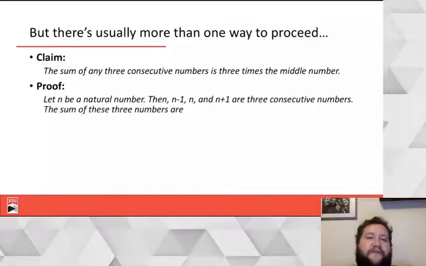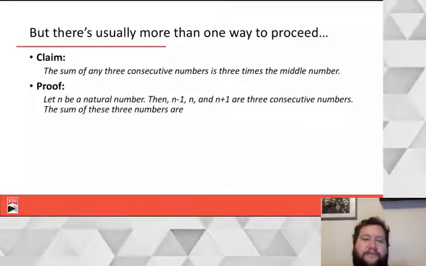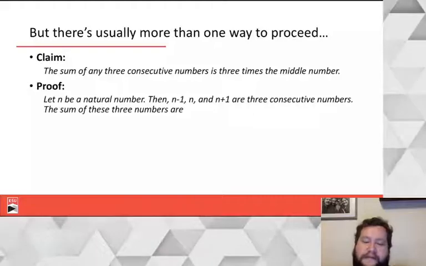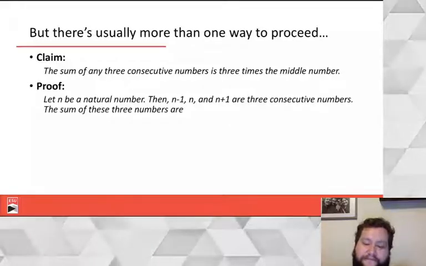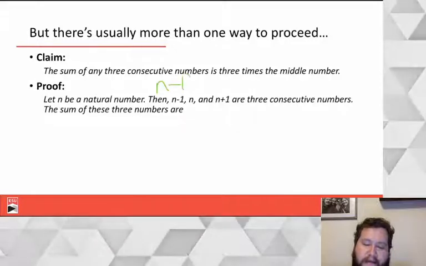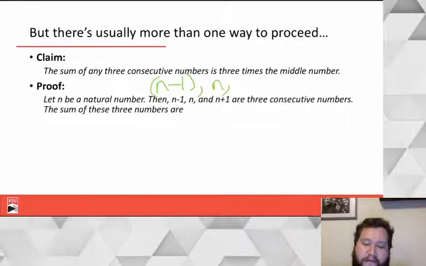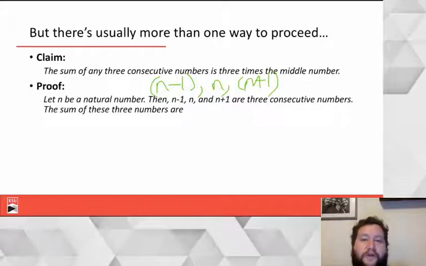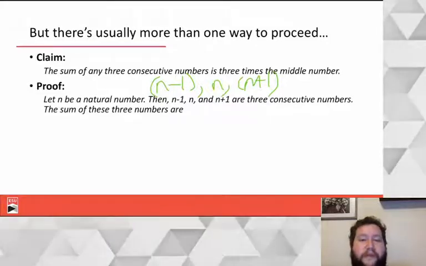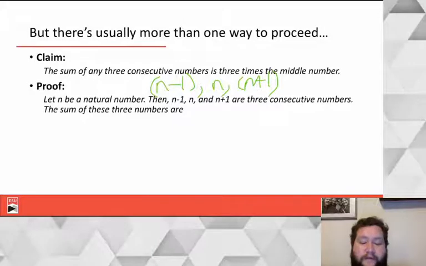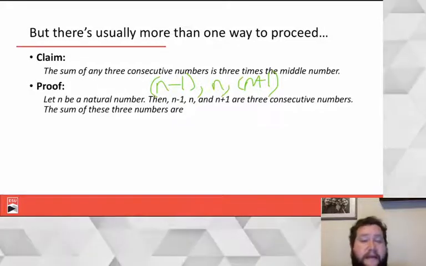But what if instead of doing n, n plus 1, and n plus 2, we looked at the three consecutive numbers as n minus 1, n, and n plus 1? Do you agree? Now if n were 2, we get 1, 2, and 3. And if it were 10, we would have 9, 10, 11.